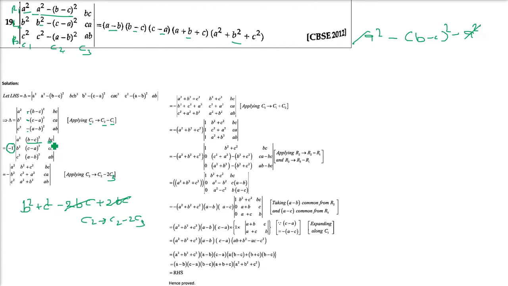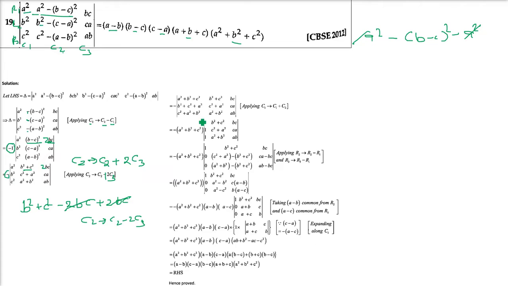We are taking c2 and adding twice the third column. So column 2 is changed to column 2 plus twice column 3. Now we get rid of the 2bc, so we only get b square, c square, a square and a square, b square.